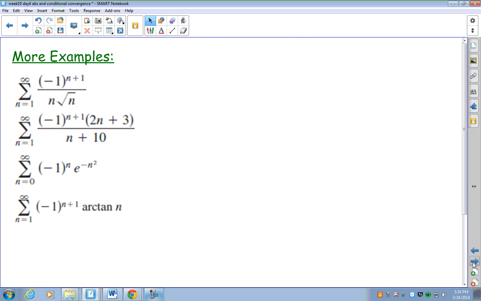Lastly, 4 extra problems here that we're going to take a look at. These are the type of questions where you see the -1 to the n plus 1, -1 to the n, so they're alternating. And you need to make a decision, you've got 3 options. I want to know if these are divergent, absolutely convergent, or conditionally convergent.